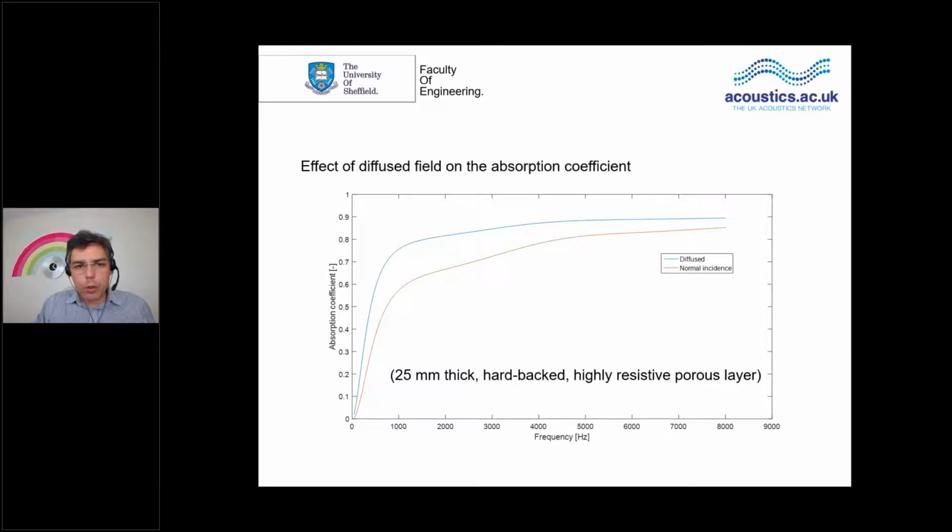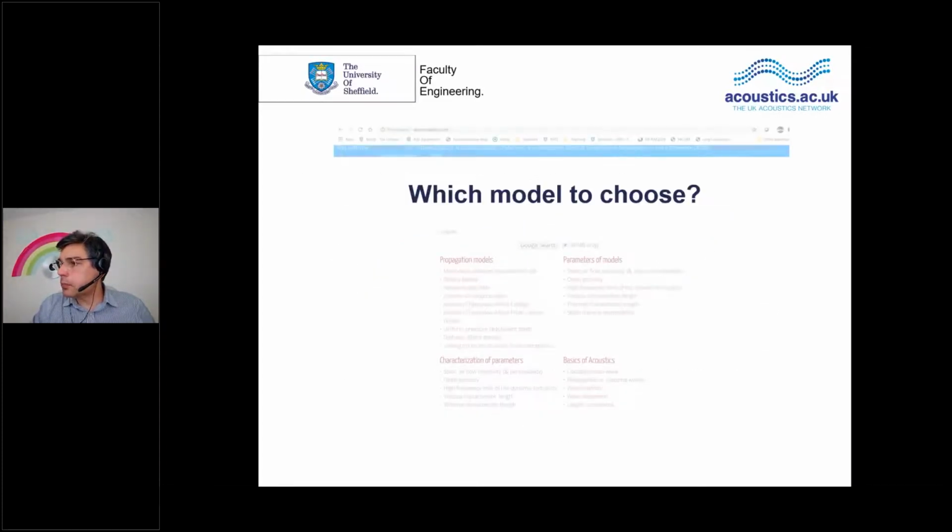Okay, now then, how do we choose a model? I did mention on my previous slides there are a plurality of models, but how do we choose the right one? Let's talk about that. What I'm going to do is just give you my own choice. You're welcome to go to the Matelys website and look at the plurality of models.